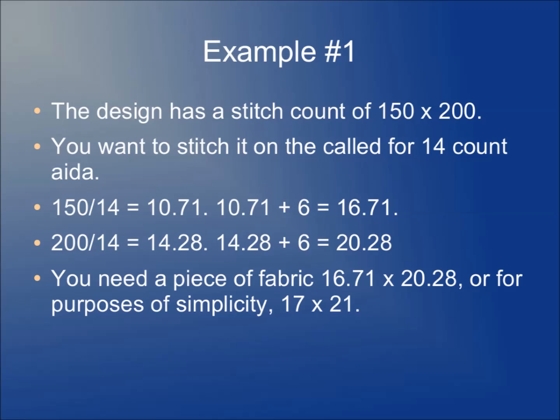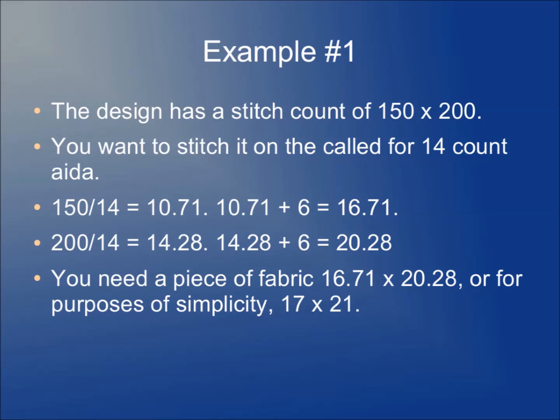So our first example is you have a stitch count of 150 by 200 stitches, and you want to stitch it on the fabric called for in the design, which is 14 count Aida. So you take your first number, 150, and you divide it by 14. And that comes out to 10.71 inches.